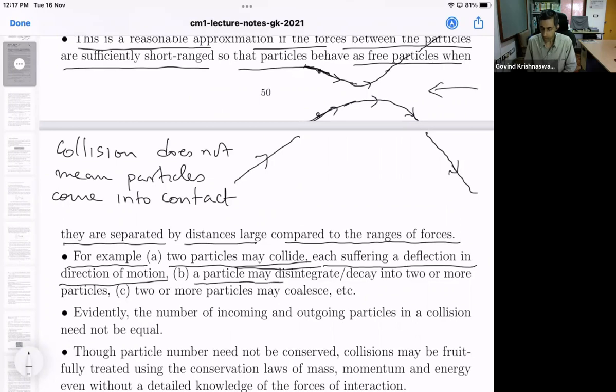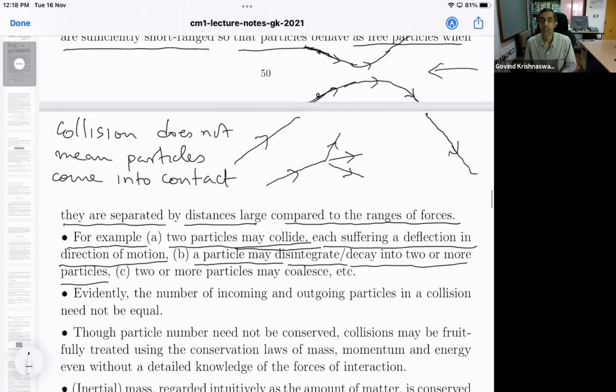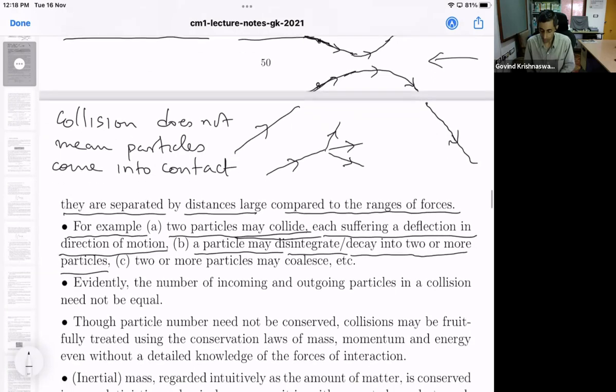A single particle may sort of disintegrate or decay into 2 or more particles. This is something that happens with unstable particles in particle physics. So you may have a particle coming in and then spontaneously decay into several particles, maybe 3 in this case. I'm giving some general possibilities.